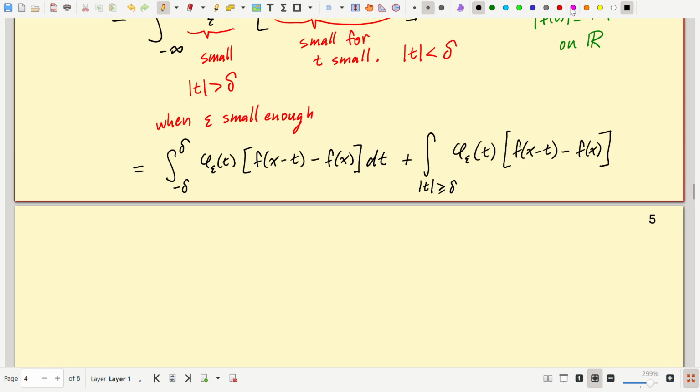All right, given epsilon bigger than 0, there exists a delta such that absolute f of x minus t minus f of x is less than, let's make it epsilon over 2, when absolute t is less than delta.